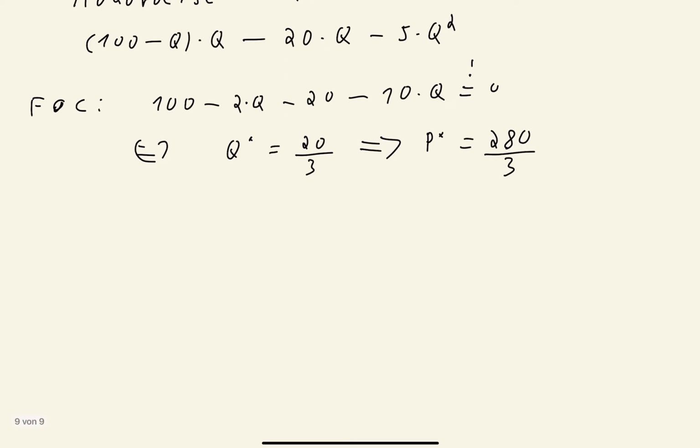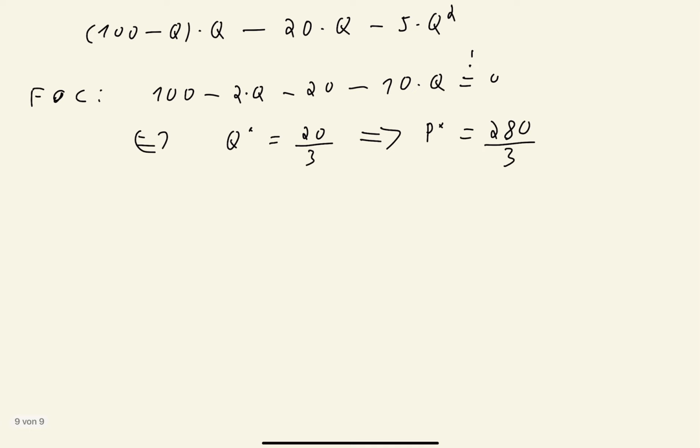Given those values, we can calculate the producer rent, which in this case, where we do not have any fixed costs of production, is simply the profit of the monopolist.